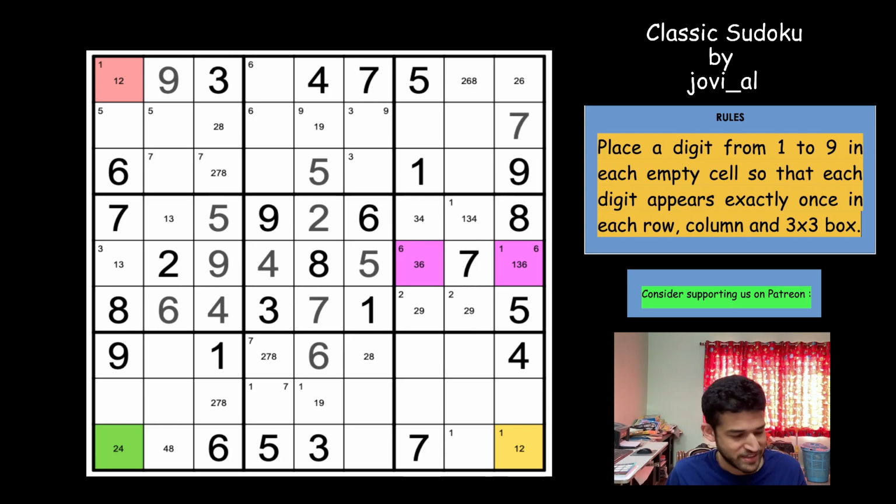Beautiful logic, right? Wonderful. So what do you call this technique? I'm not sure. I'm not really good with names of techniques, apart from the ones which you see often, like swordfish. Okay, swordfish we don't see often, but XY-wing, X-wing, Y-wing, all those things I'm familiar with.